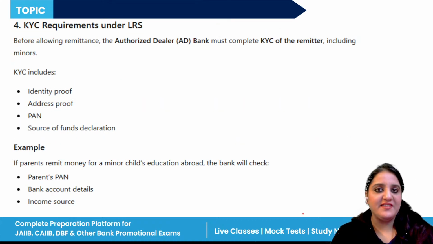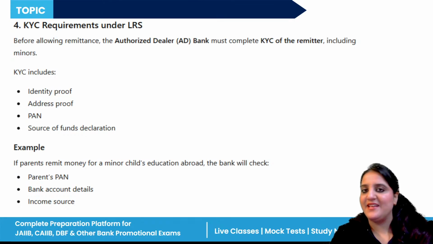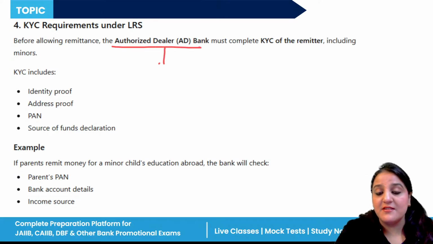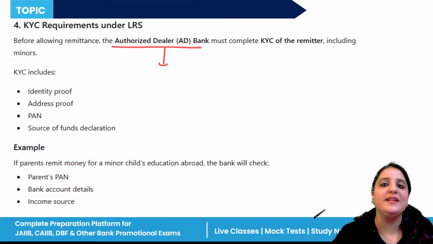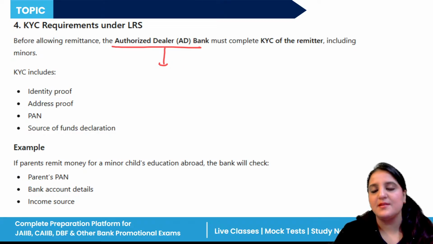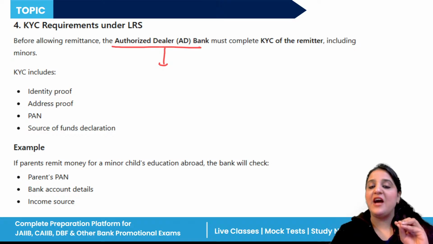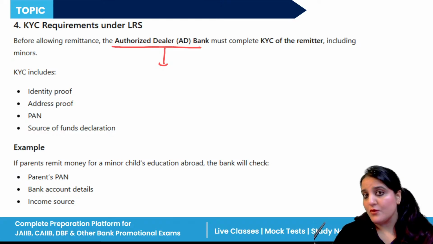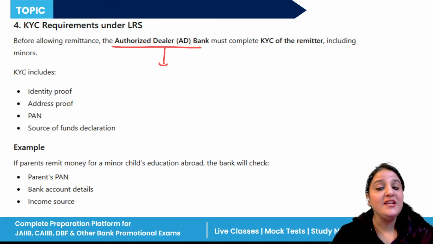And what are the KYC requirements? Before allowing any type of remittance, any type of money sending abroad, the authorized dealers, which we already discussed in the previous class, who have a license from the RBI to deal in foreign exchange transactions, have to complete all the KYC of the remitter who is sending money, including minors.